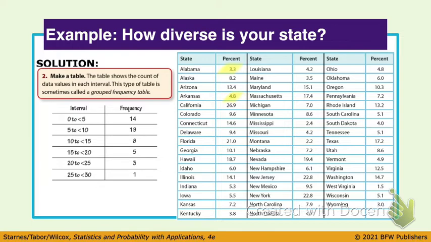So to kind of put the last one together with this one, we found that our minimum was 1.5 and we found that our maximum was 26.9. And so I want to make groups that get me from 1.5 to 26.9, and then I have at least 5 groups.